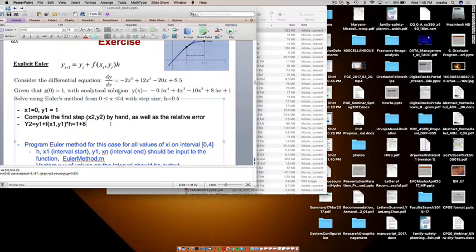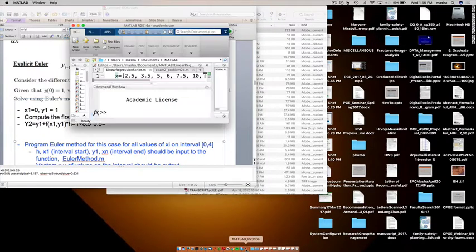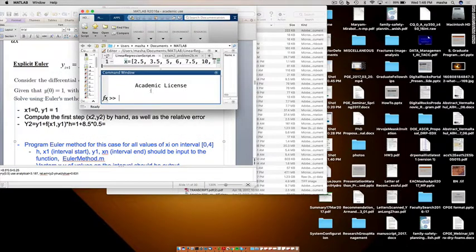So it's 8.5 times h, which is 0.5. Yes? So what do I get here as Euler's method? I'm just going to do this the lazy way: 1 plus 8.5 times 0.5, that's 5.25, okay?